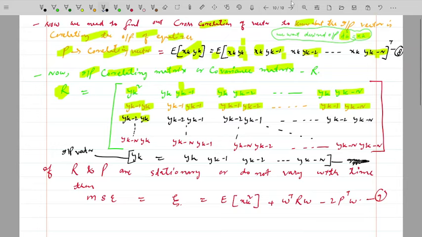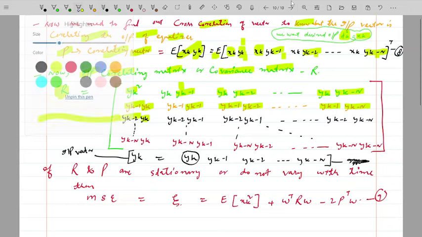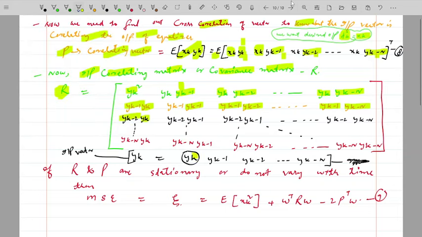If we consider this first component and multiply it with the whole y of k in the first row, then consider the second and multiply it with the whole y of k, then consider y of k minus 2 multiplied with the whole y of k, then y of k minus n multiplied with the whole y of k.